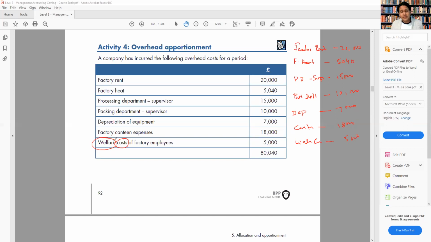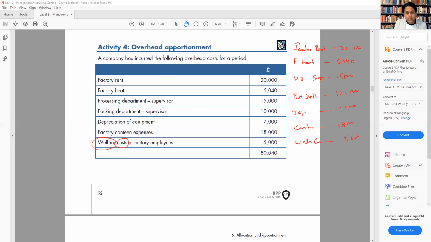Now, welfare cost is basically exempted for tax purposes. So this is an allowable expense, so you don't have to pay any tax. If you buy lunch or breakfast, any food for your employees, you don't have to pay tax on that because this is an allowable expense.